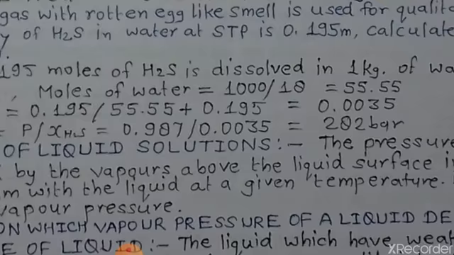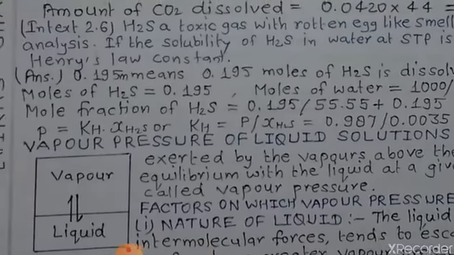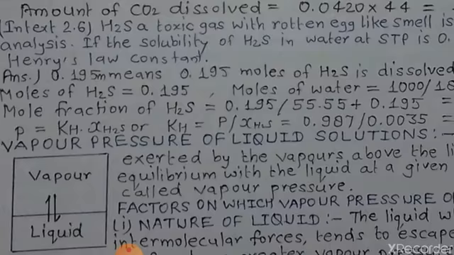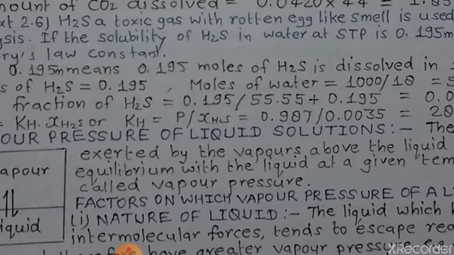So the answer is 0.0035. Then p is equal to kH into x of H2S, where x means the mole fraction of H2S, or kH is equal to p divided by the mole fraction of H2S. So 0.987 is the pressure of water.